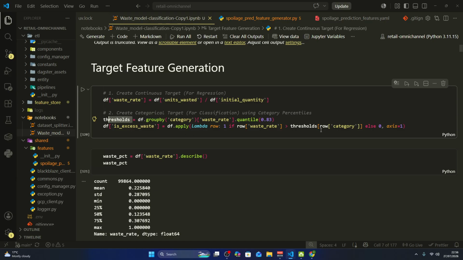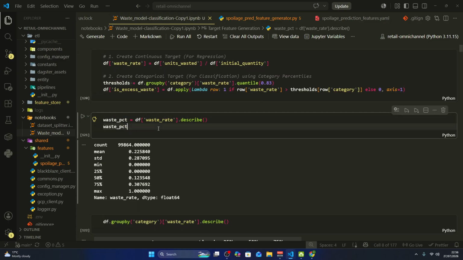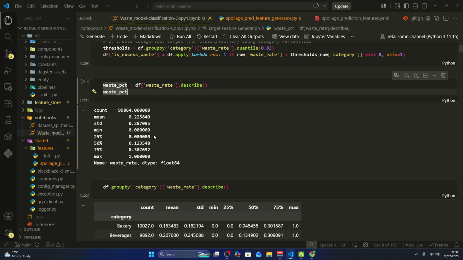And a waste rate less than this 83%, we consider the class to be 0. So that is not a complete wastage. Okay. Then we can calculate the waste percentage. We are using this to determine the distribution of values under that waste rate column.